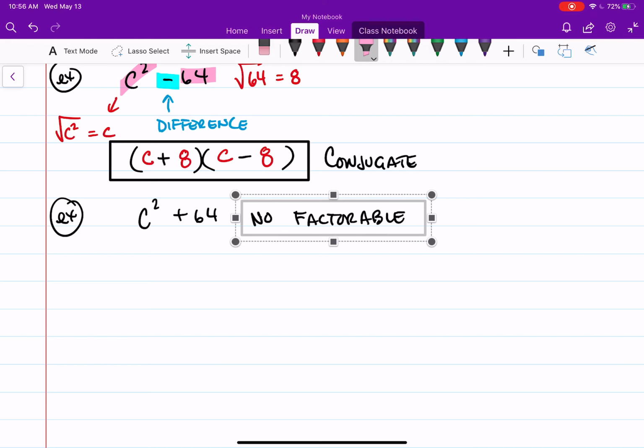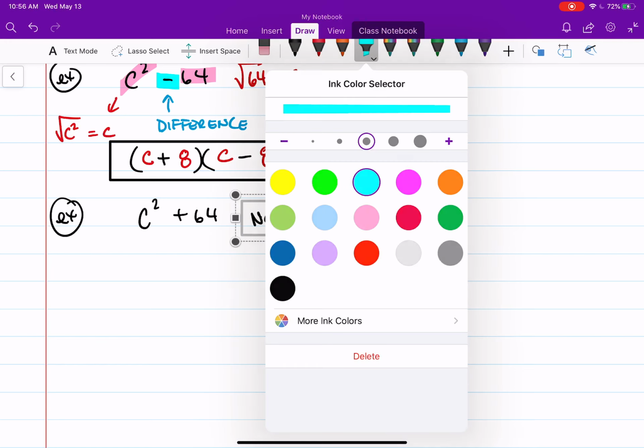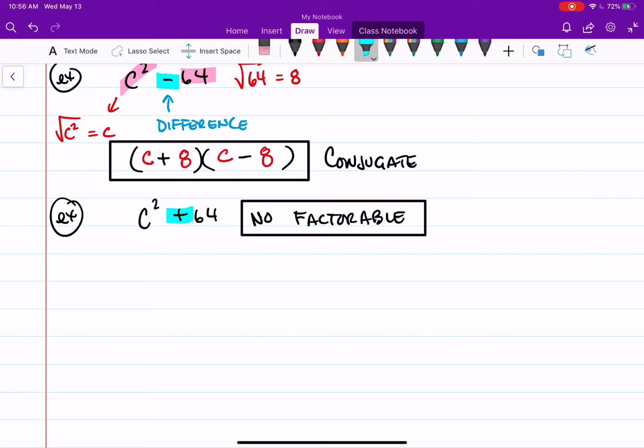Well, great question. The answer is that is not the difference. So it is not factorable. Okay? So it has to be subtraction. No matter how you look at it, it has to be subtraction.